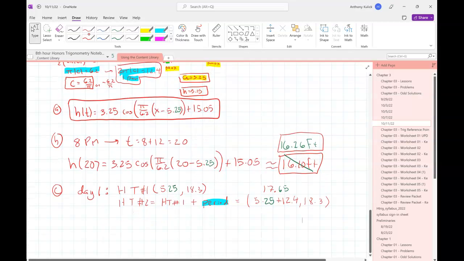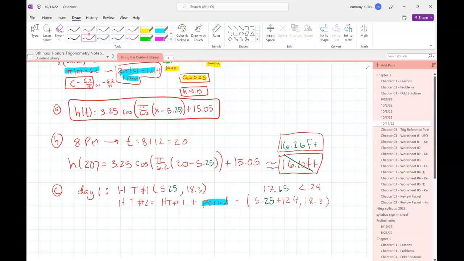All right. 17.65. Are we still on day 1 or day 2? Are we into the second day? No. How many hours are there in a day? 24. It's still less than 24 hours, so we're still in day 1. Okay, high tide number 3 is going to be high tide number 2 plus a period.